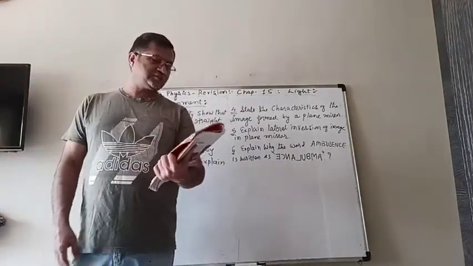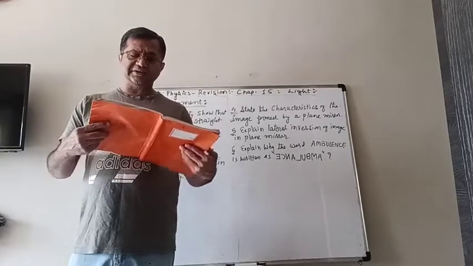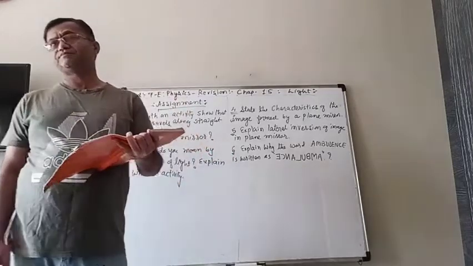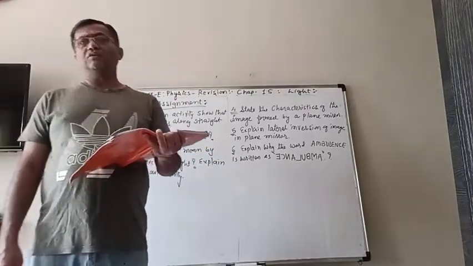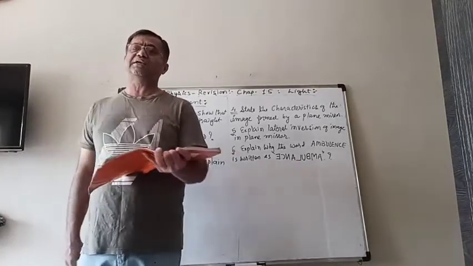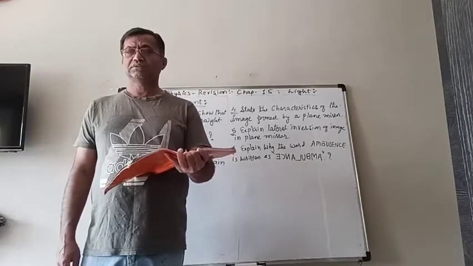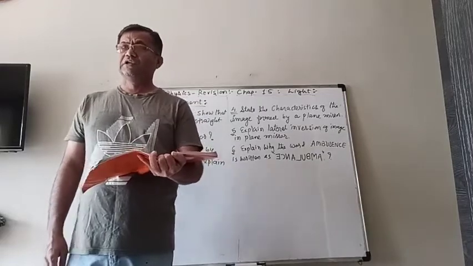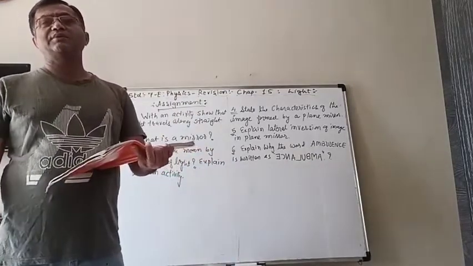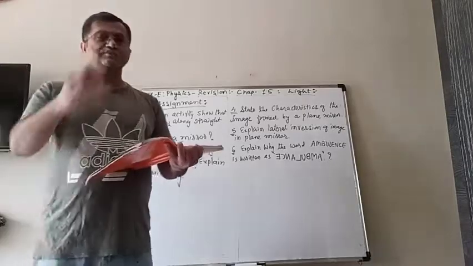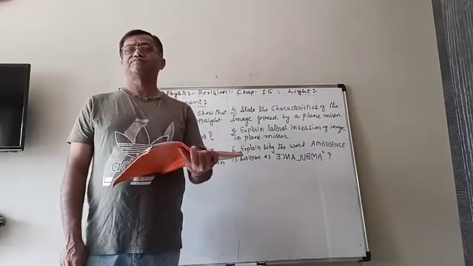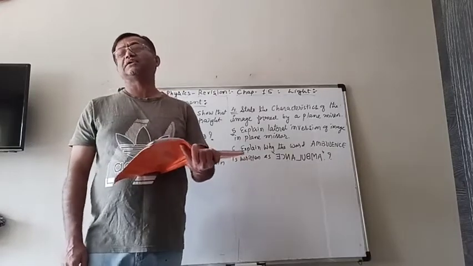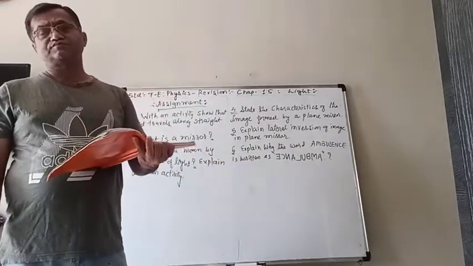What do we have to take? We have to take a lighted candle and a straight pipe. Now we put the lighted candle, and from the straight pipe try to look at the flame of the candle from the other side of the pipe, keeping one side towards the candle.